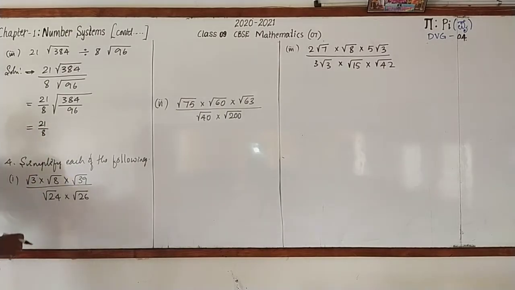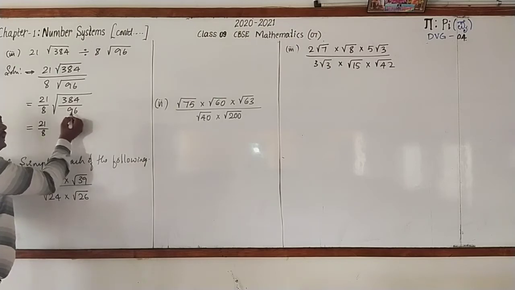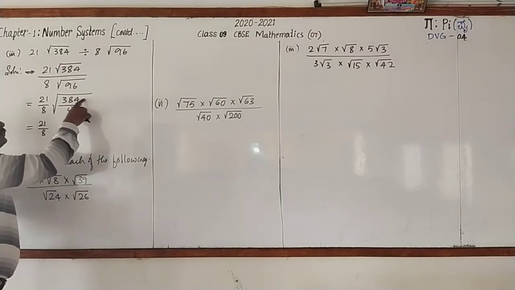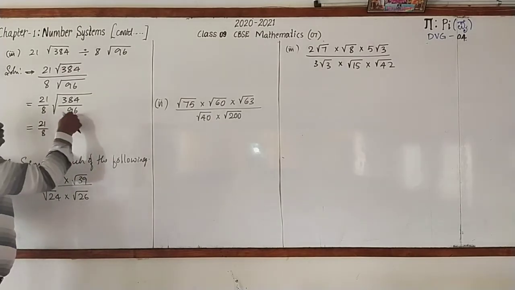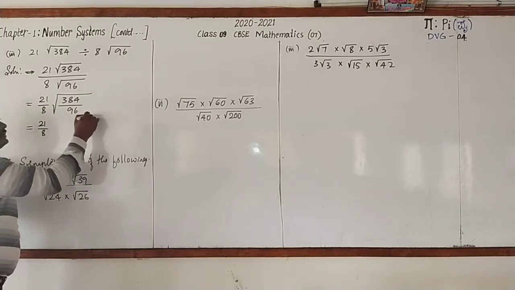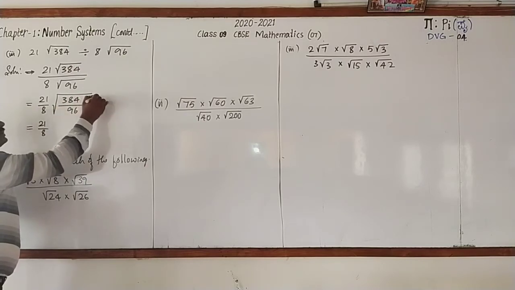On observing this, you can come to know that 384 is the multiple of 96. 96 4s are 384. Or else you can go for cancelling by 2s are. You will get 48 here, 48 and here. 1s are, 9s are, 2s are.